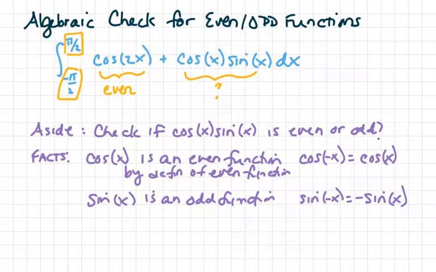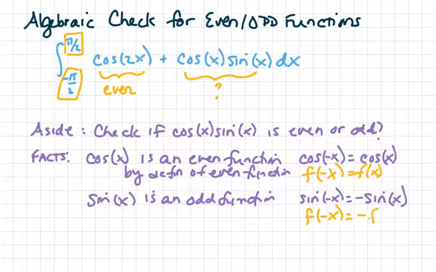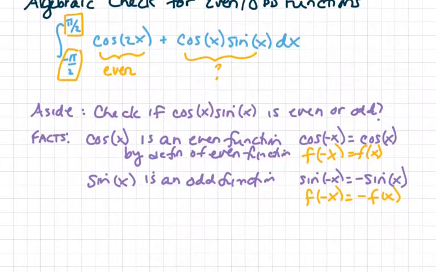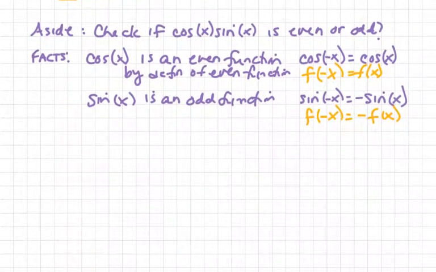Recall, an even function satisfies f of negative x equals f of x, and for an odd function, we have f of negative x equaling the opposite of f of x. So they're the two facts.